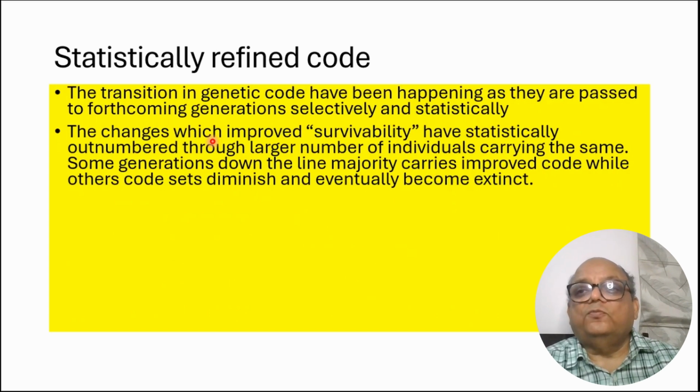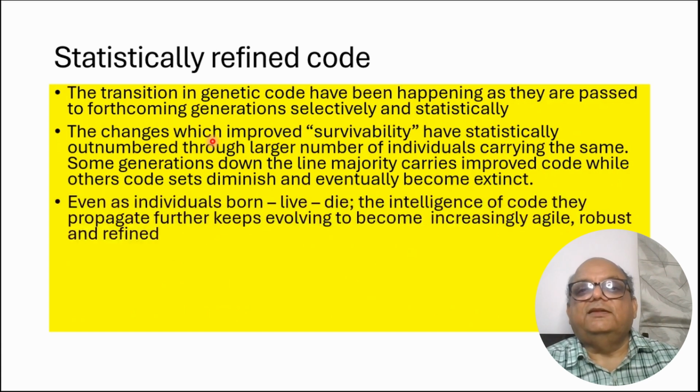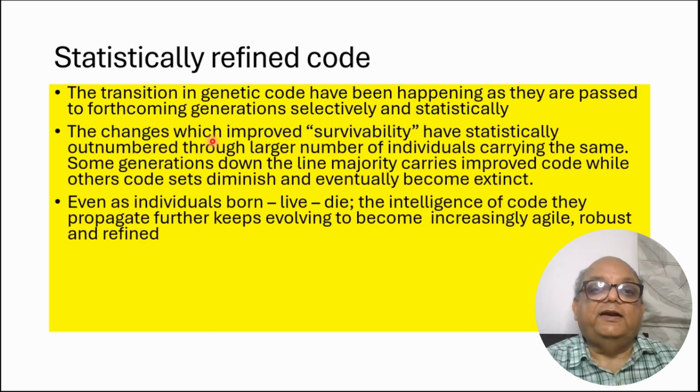After several generations, probably the non-optimal code will become extinct and diminish. That is how evolution has been going forward. Even as individuals are born, live, and die, the intelligence of the code they propagate keeps improving and evolving to become increasingly agile, robust, and refined and complicated, if you please.